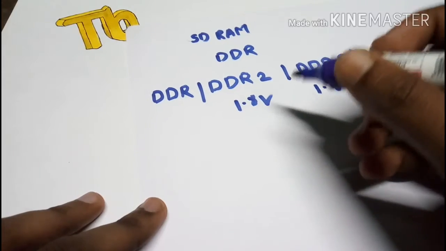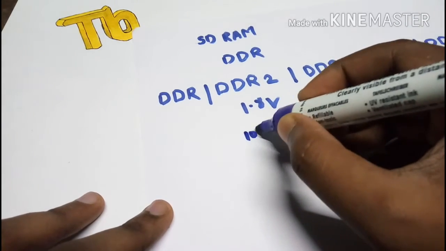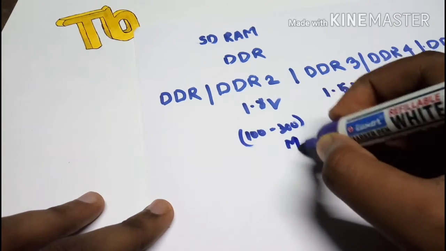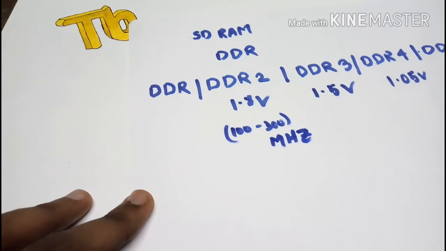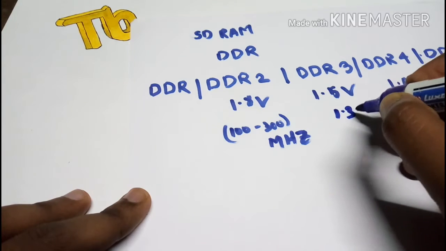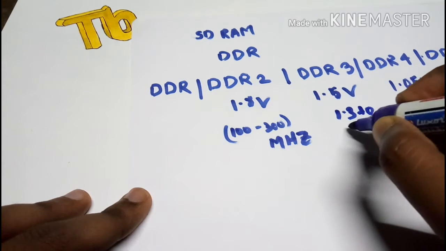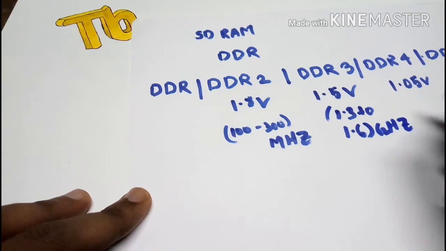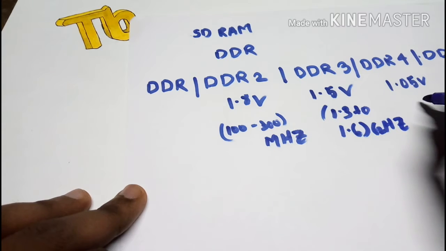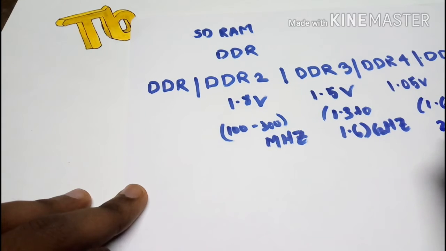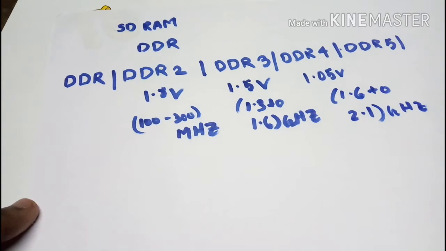For DDR2, that's around 100 to 300 megahertz, for DDR3 it's in a range of 1.3 to 1.6 gigahertz, and for DDR4 it's around 1.6 to 2.1 gigahertz. Now why is this clock speed important?